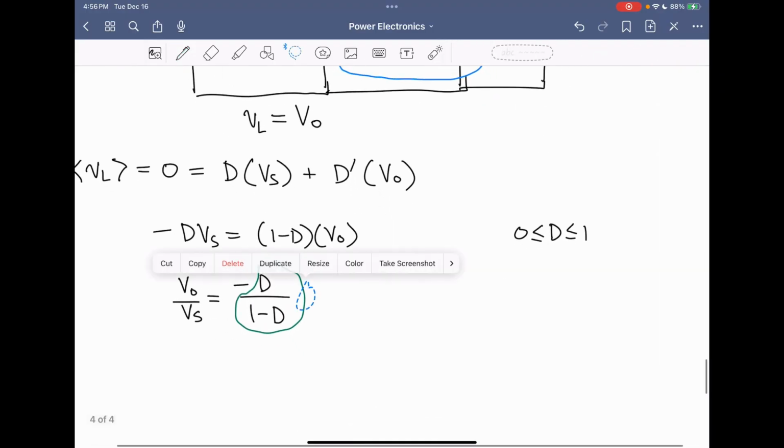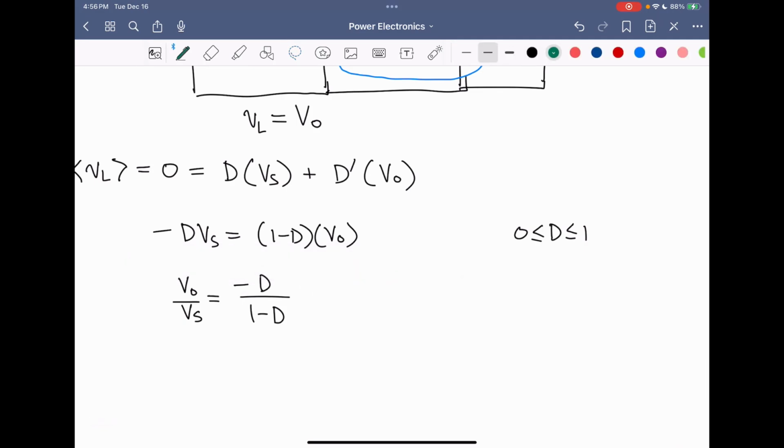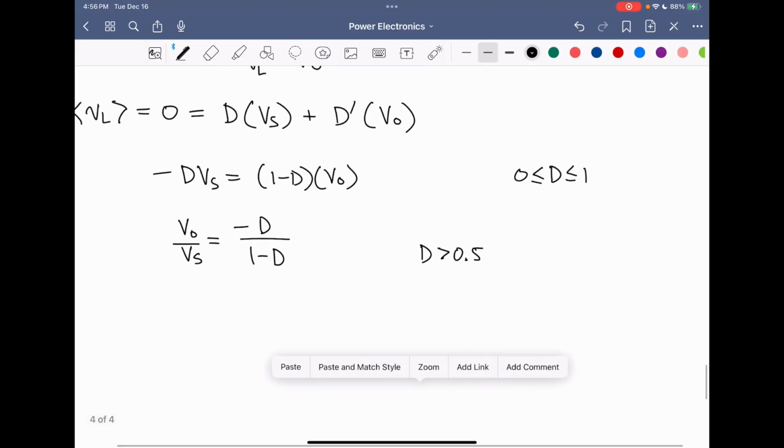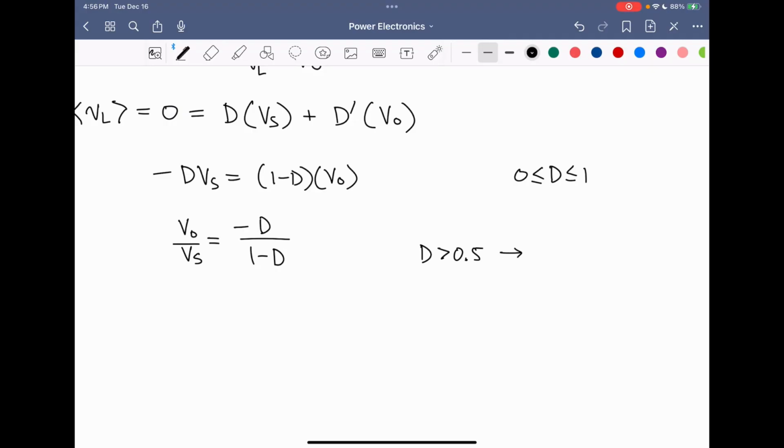Now, the other thing to note is that if we have a duty cycle greater than 0.5, then d is going to be greater than 0.5, while 1 minus d is going to be less than 0.5. So we're going to have a voltage conversion ratio in which the magnitude of the output is greater than the magnitude of the input.